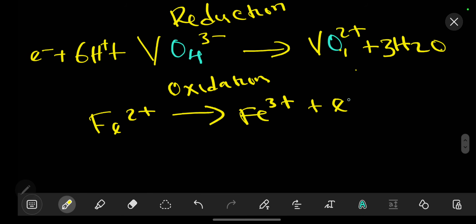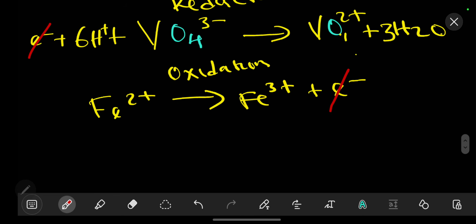Then from here, all you have to do is combine the 2 equations. As you can see, it is self-balanced in terms of the electrons. So we are going to cancel. There will be no need of interchanging because the number is the same. Then write what is remaining.